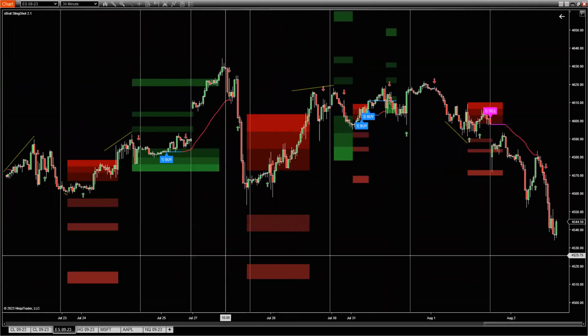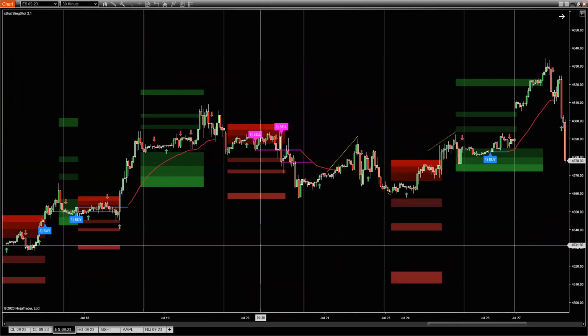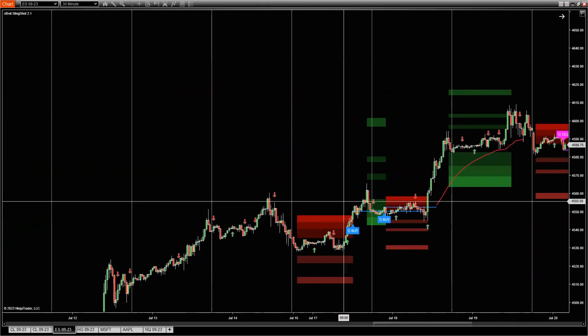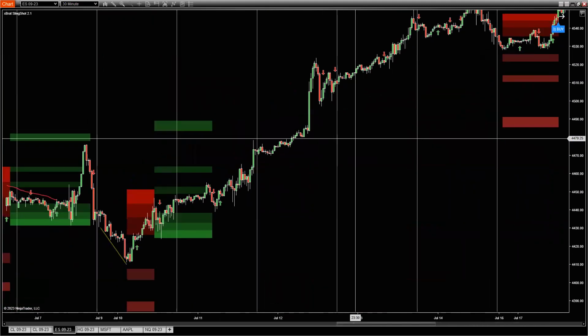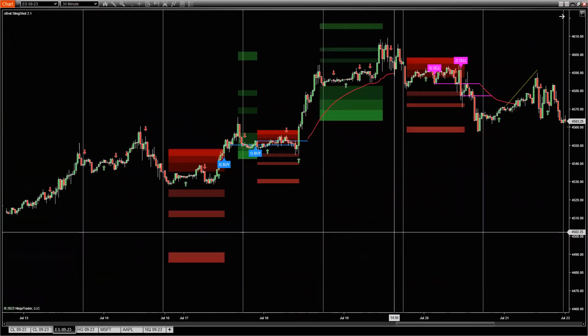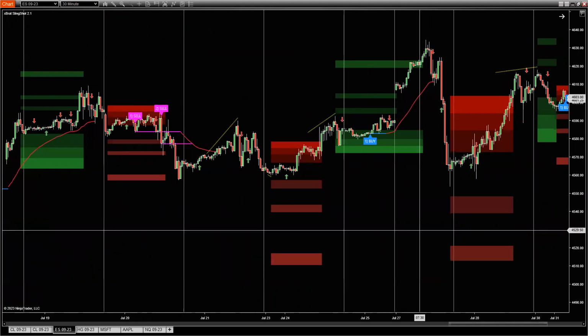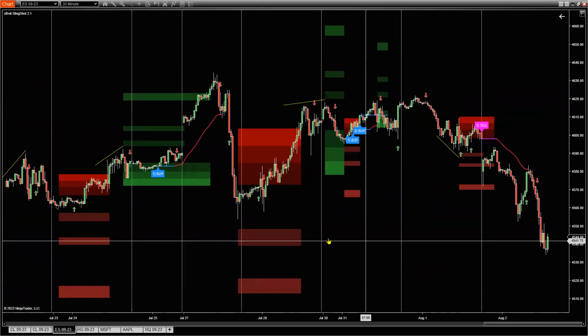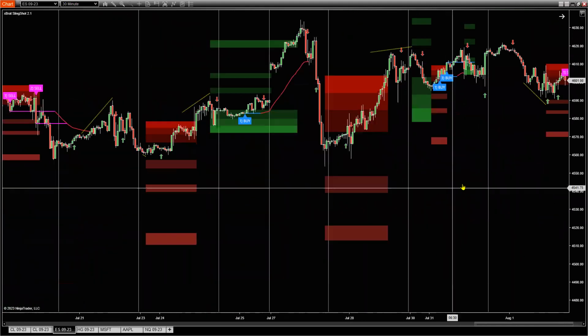Yes, it's pretty good on the 30-minute for swing, actually, a lot better than NQ. Wow, there are some amazing trades here. I think it's more beneficial.